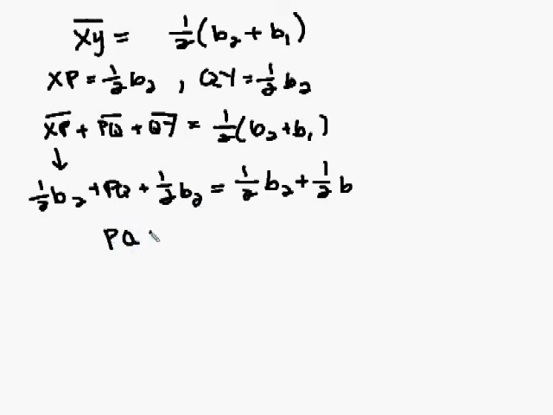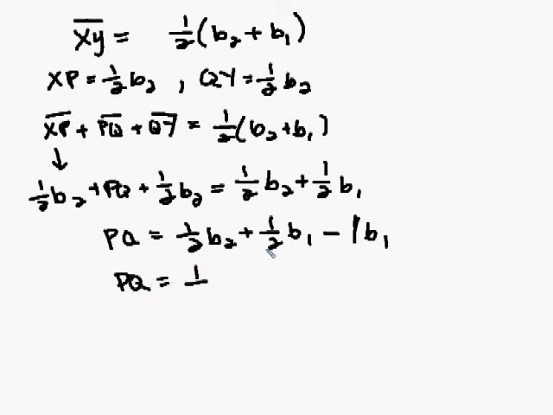And I'm left with PQ is equal to 1/2 B2 plus 1/2 B1 minus the 1 B2 that I brought from the left-hand side. This leaves me with PQ is equal to 1/2 of B1 minus 1/2 of B2.